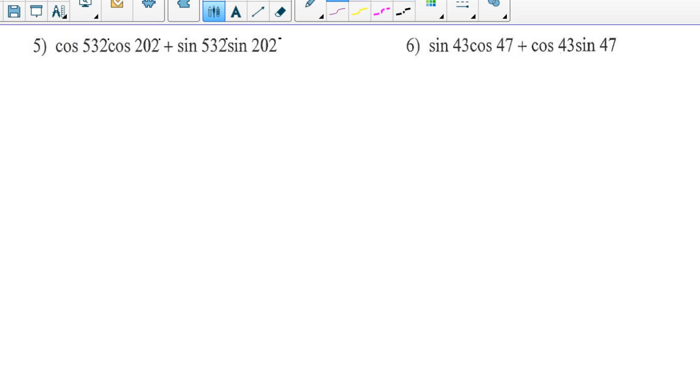Let us see. Now we know that cosine A times cosine B plus sine A times sine B is equal to cosine A minus B. Let me write down that formula.